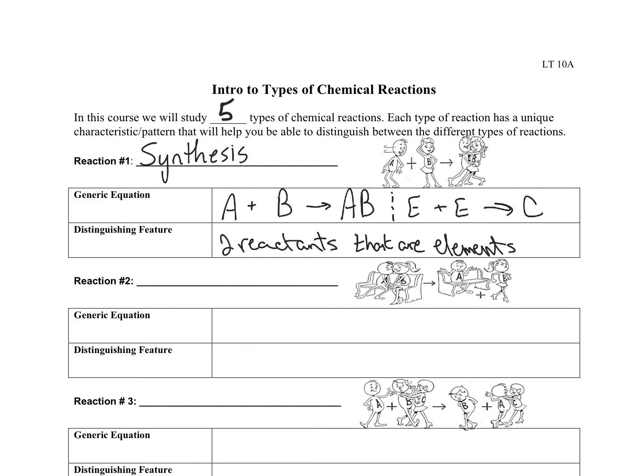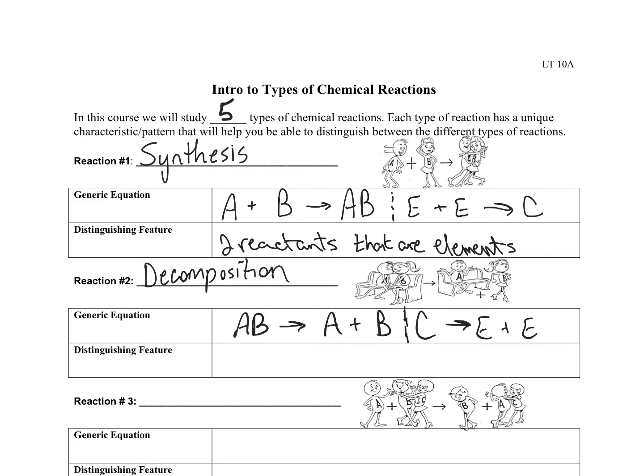Reaction number 2 is called a decomposition reaction, or a decomp. Its generic equation is if I have compound AB that will split to create element A and element B as products. So kind of a little bit more generic, compound becomes element plus element.